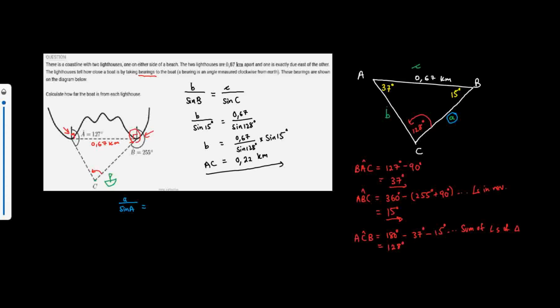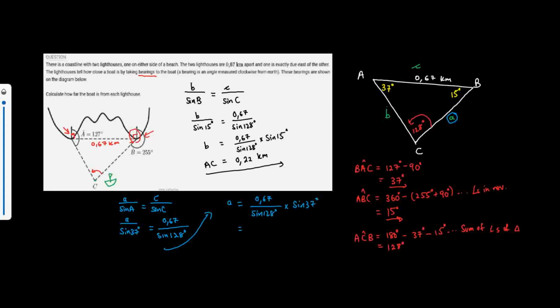Although we know what AC is, let's still use our initial given, which was C over sine C. So we have A over sine 37 degrees is equal to C, which is 0.67 over sine 128 degrees. So let me write it down here. A is equal to 0.67 over sine 128 degrees times sine 37 degrees.